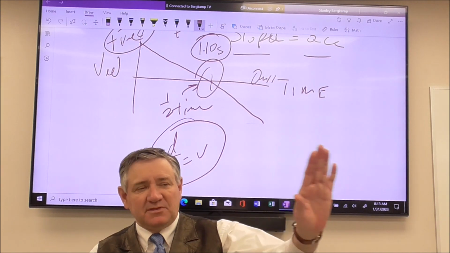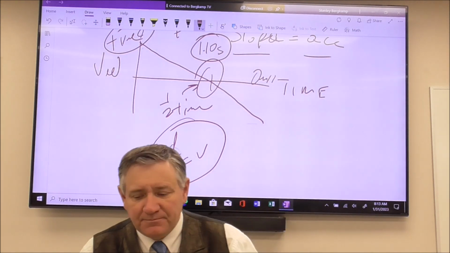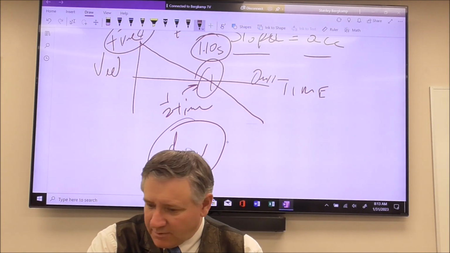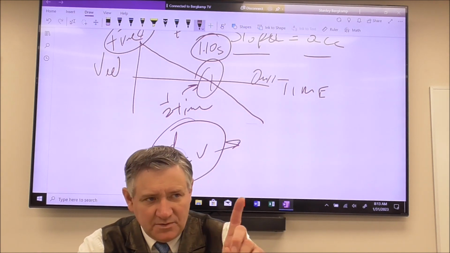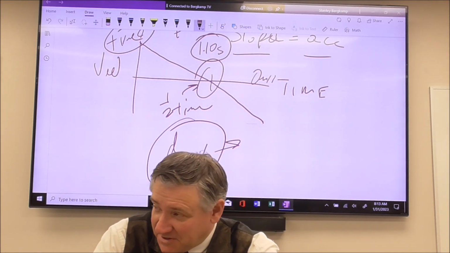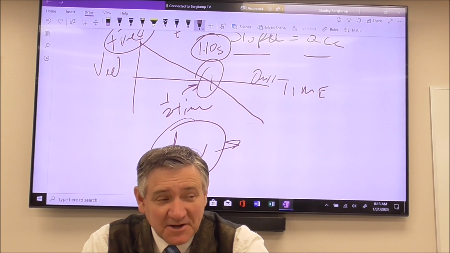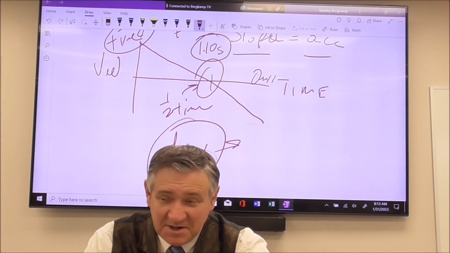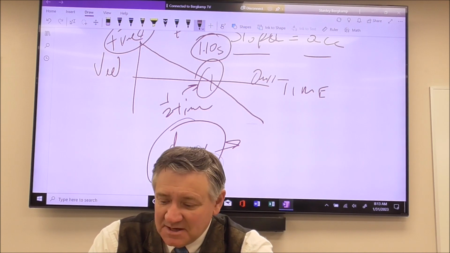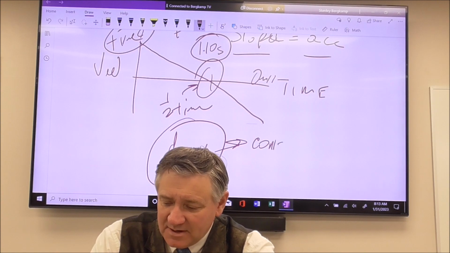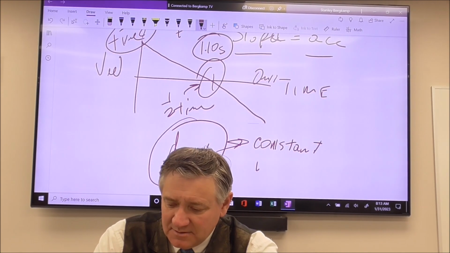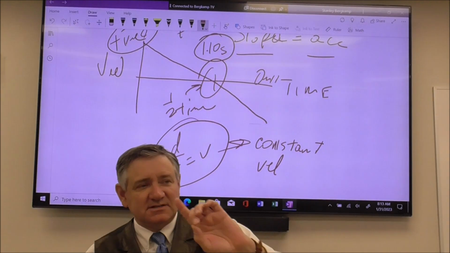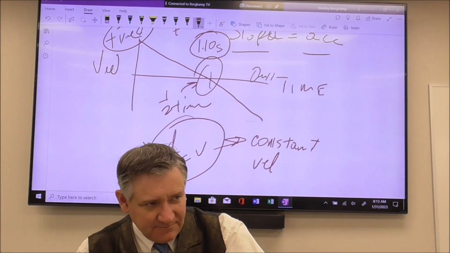I'm going to lay this groundwork right now. This is a beautiful equation, but it only works, and listen to me very carefully, under one specific circumstance, and that's if you have constant velocity. And if you have constant velocity, you're not accelerating.